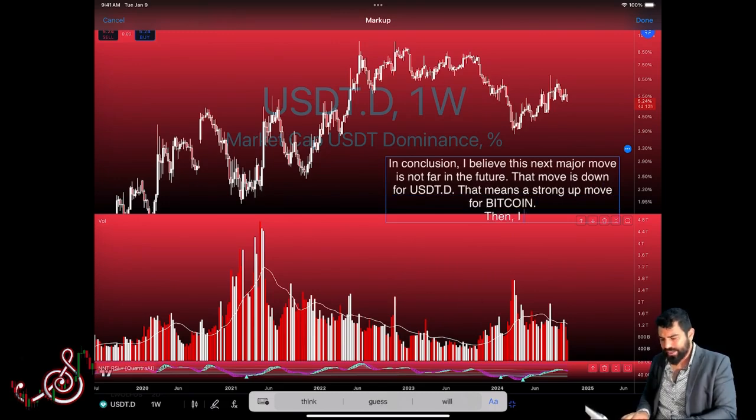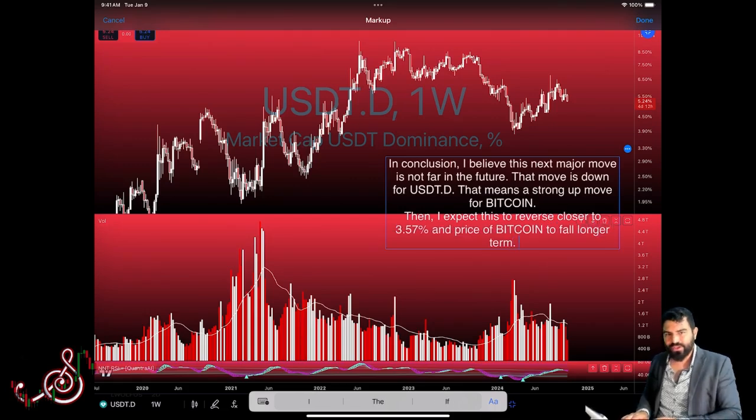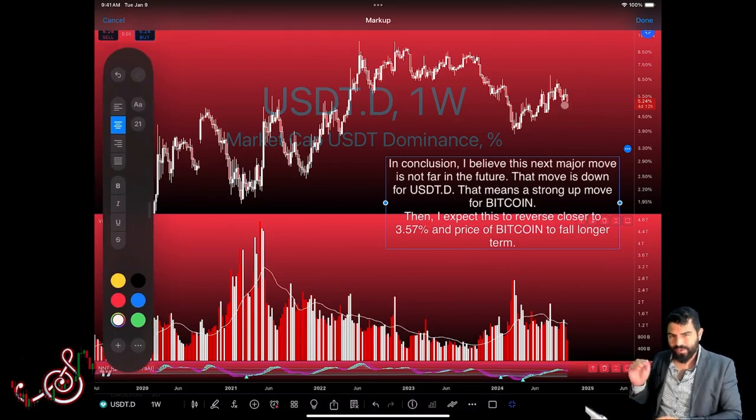Then I expect this to reverse closer to 3.57% and the price of Bitcoin to fall longer term. So longer term, this is going to go up. Not right now, as we showed you in the images, but longer term, it's going to go up.